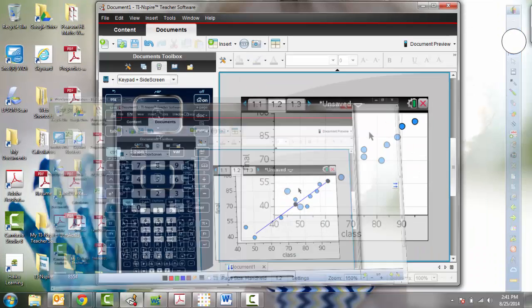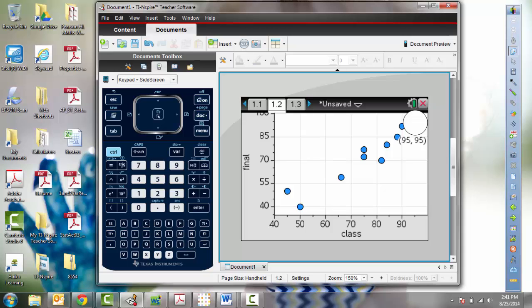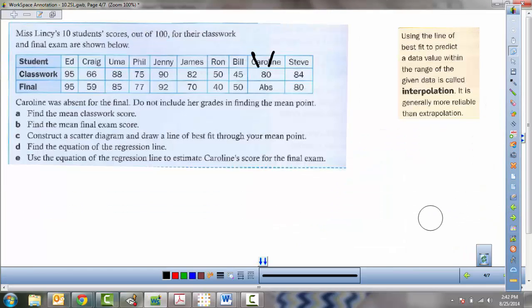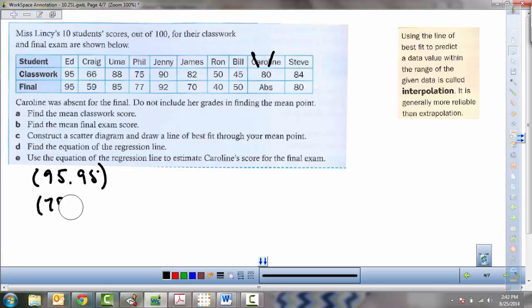So let me go back to my graph. That is 95, 95. So now we have to remember our algebra skills. We're using the points 95, 95 and 75, 72 as two points that our line goes through.